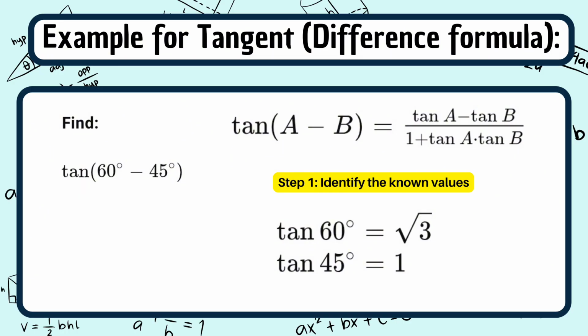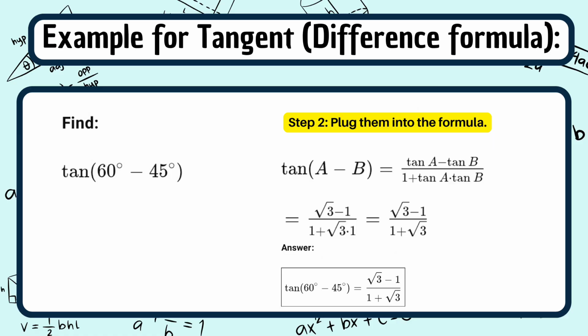Identify the known values. Next, let's proceed to step number 2. Plug them into the formula. Then calculate. So we have now the final answer. Tangent 60 degrees minus 45 degrees is equal to square root of 3 minus 1 over 1 plus square root of 3.